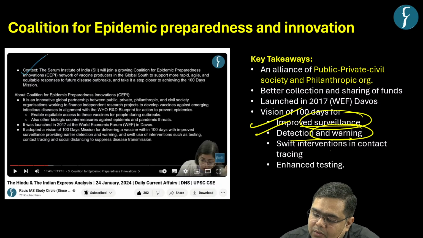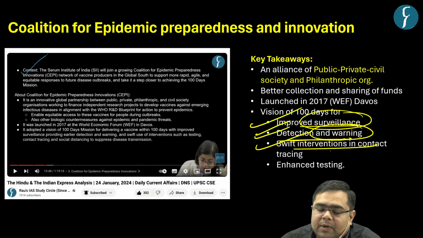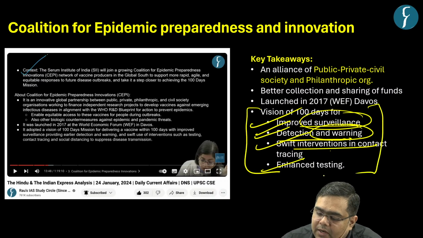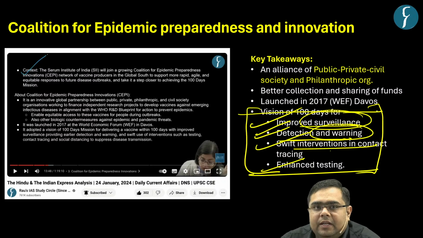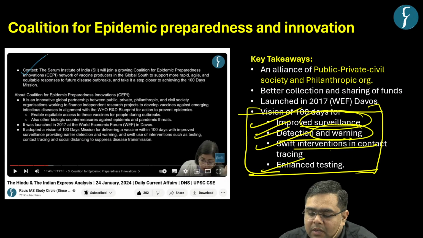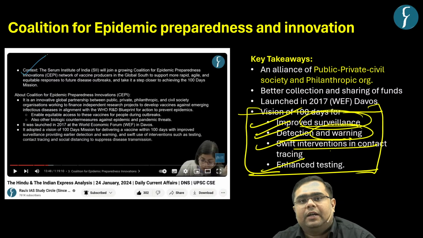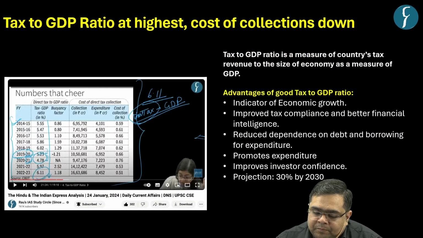So this will lead to early detection and warning, then swift interventions with respect to contact tracing and enhanced testing. This would all be done in a span of less than 100 days, so that when any kind of epidemic comes next, we are a little bit prepared for it.